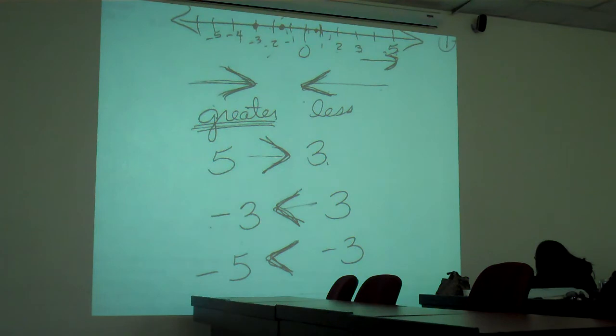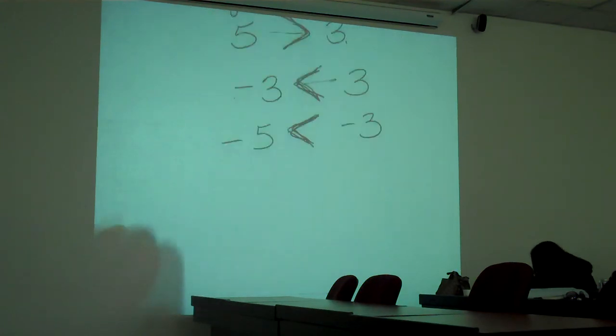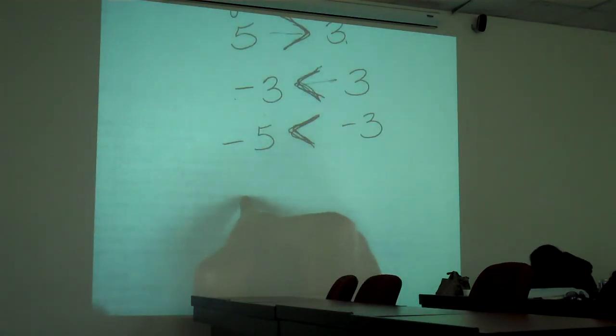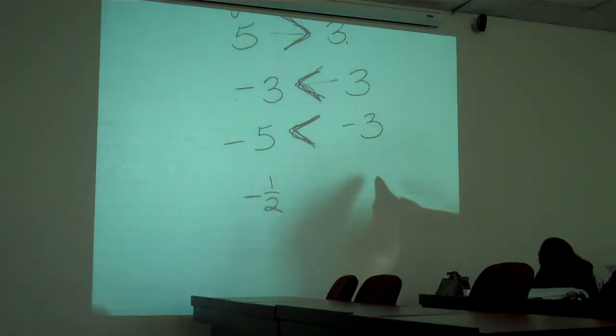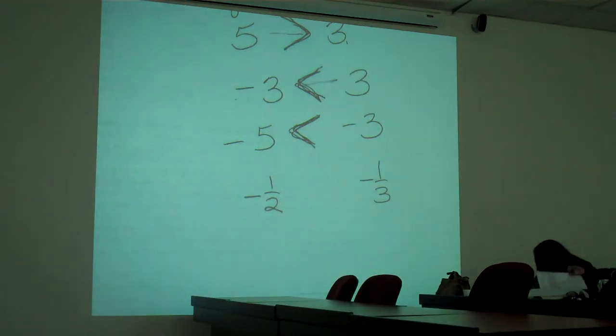How about fractions? Okay, if we're going to compare fractions, how about if you had a negative 1/2 and a negative 1/3? To compare them, you actually need what? Common denominator.